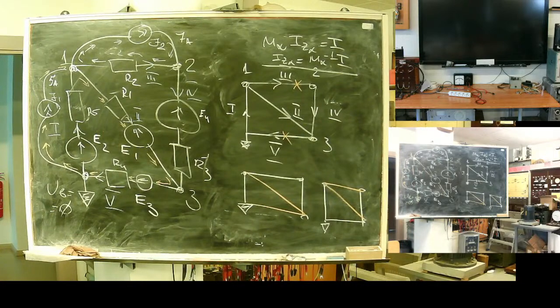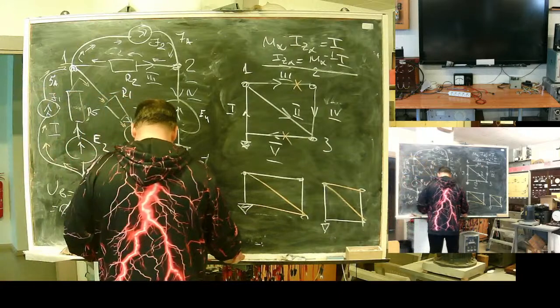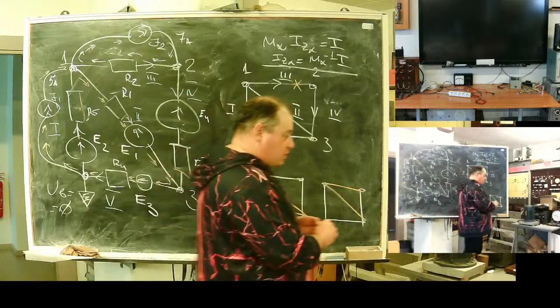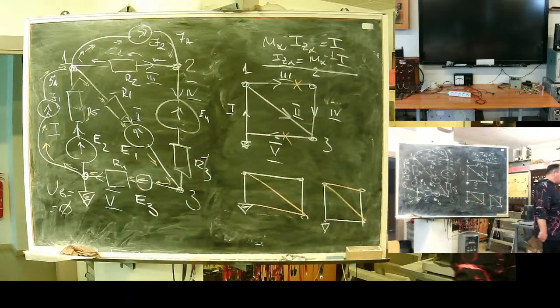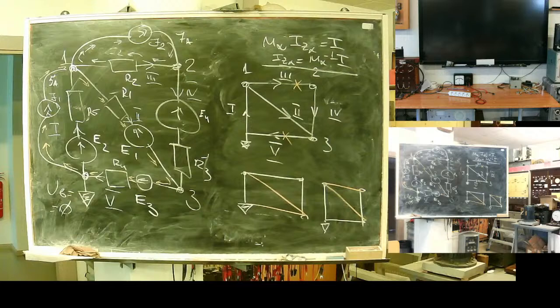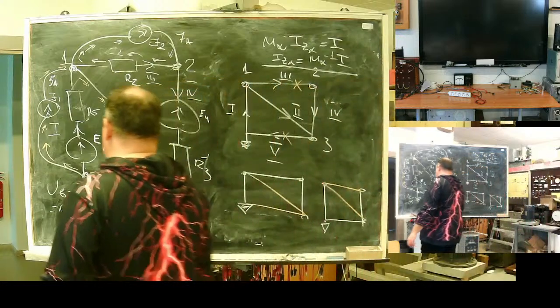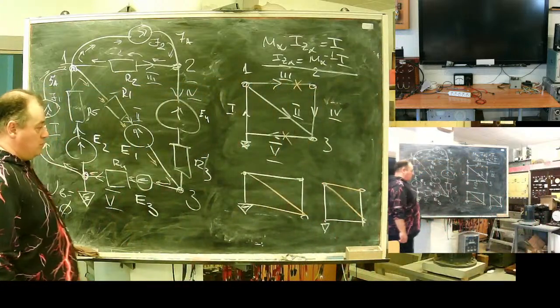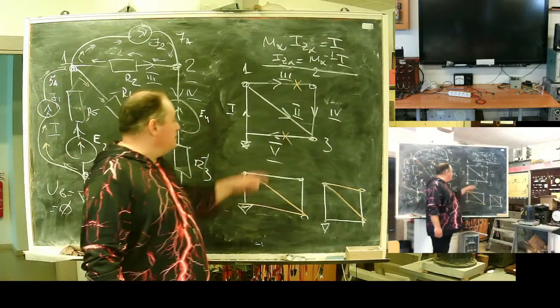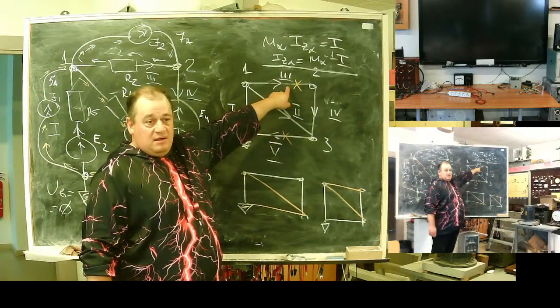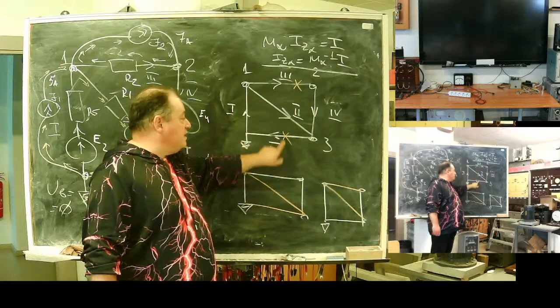Why am I speaking about contours? I need Kirchhoff current law equations to get a solvable equation system. How should I select contours? I will select my contours to get this and this current, the only thing I really need.